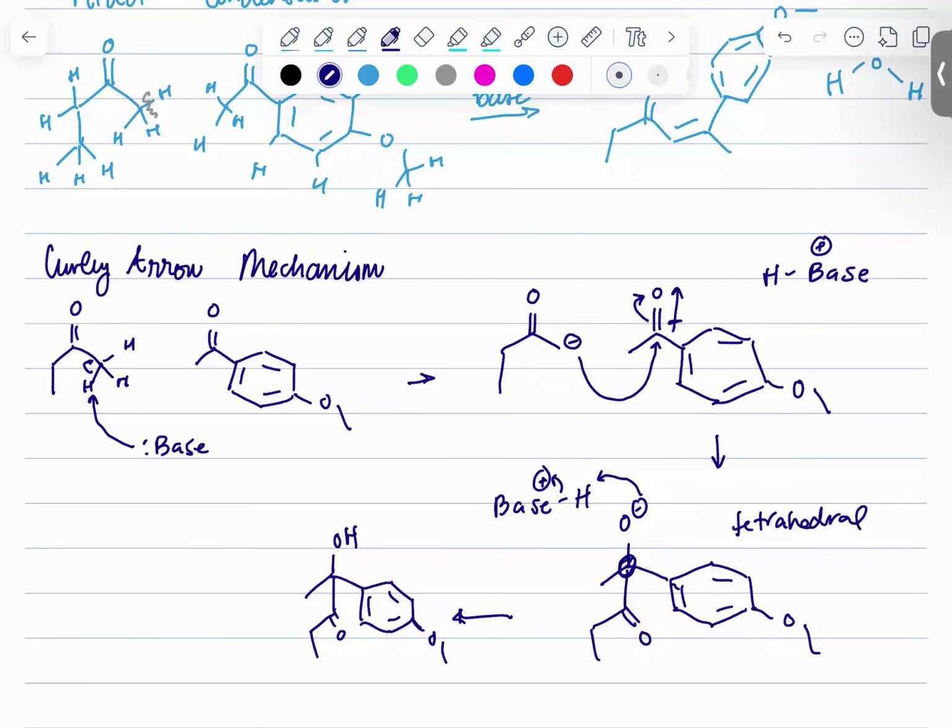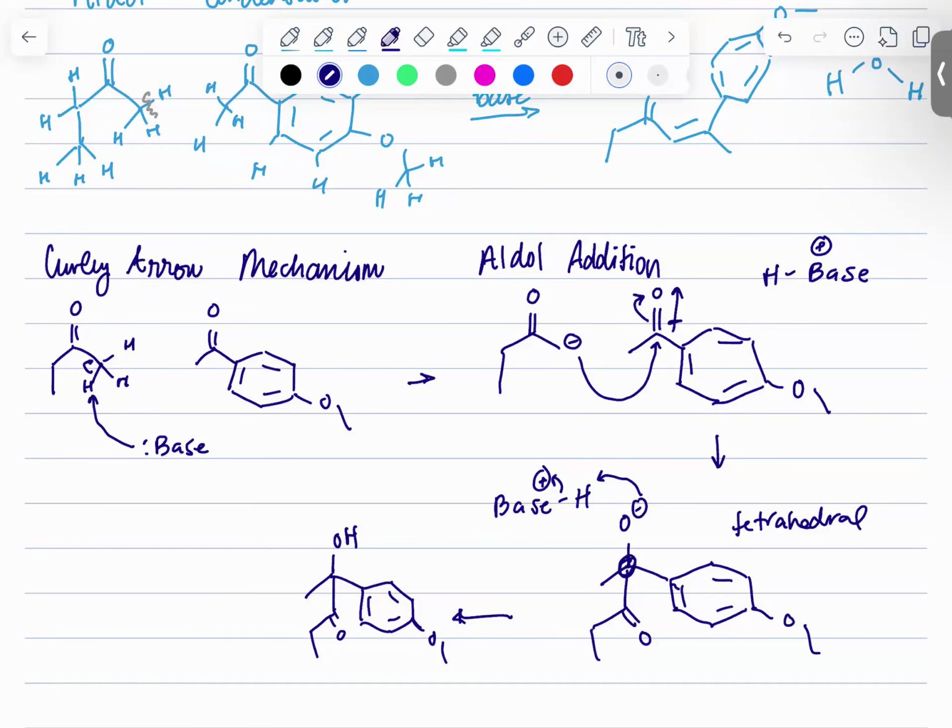If I stopped here, what reaction would this be? Addition, aldol addition. But do we have an aldol addition here? Is this our final product that we see via NMR?